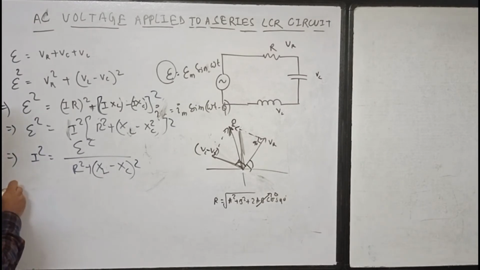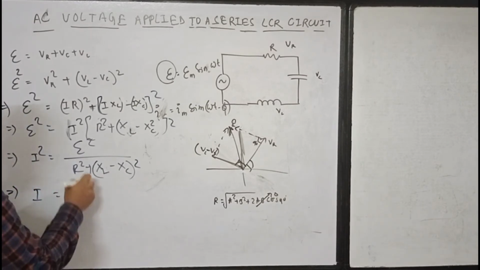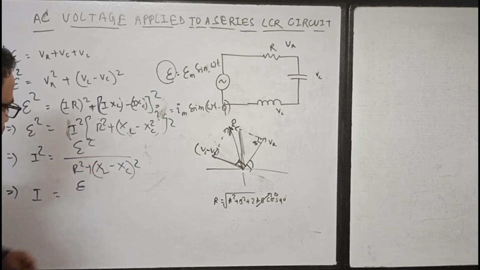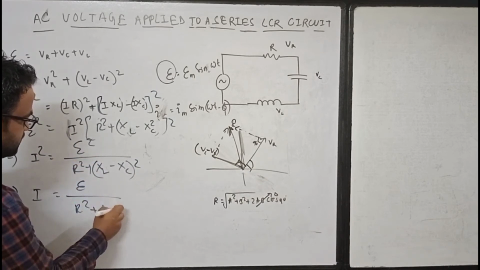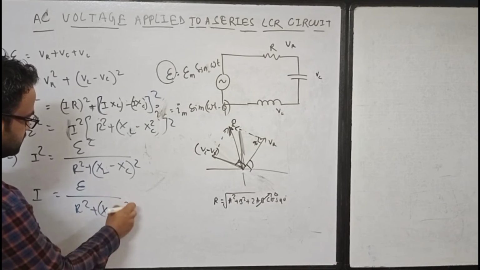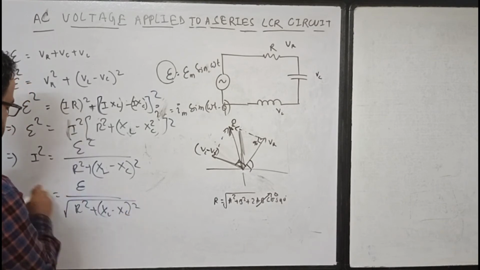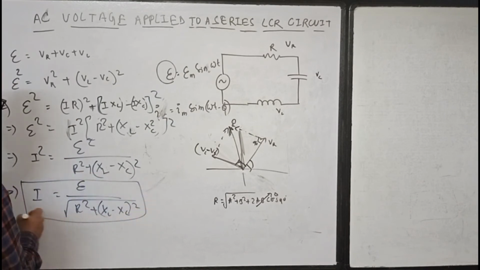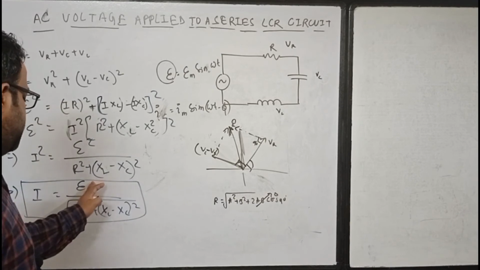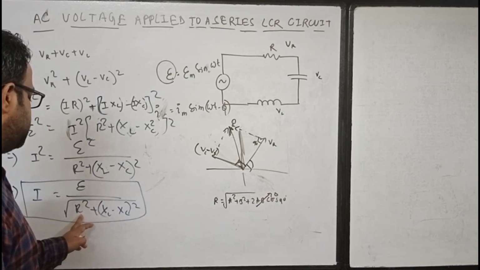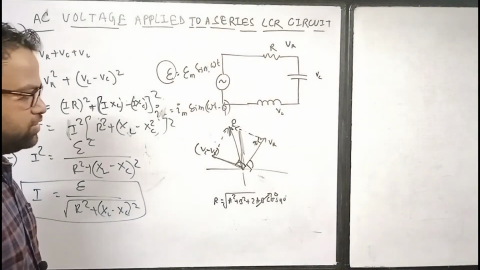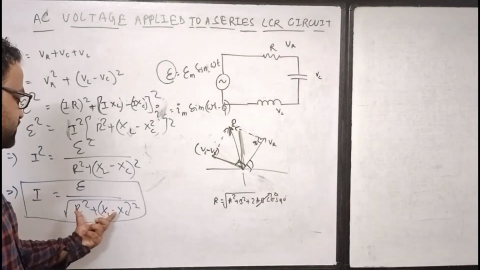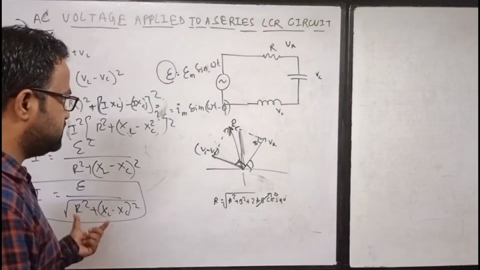So if you want to write I, the square is removed: I is equal to E by the square root of R square plus XL minus XC whole square. So this is your current. The current is equal to the EMF, the voltage, divided by the square root of R square plus XL minus XC whole square. And this is exactly the dimension of resistance.